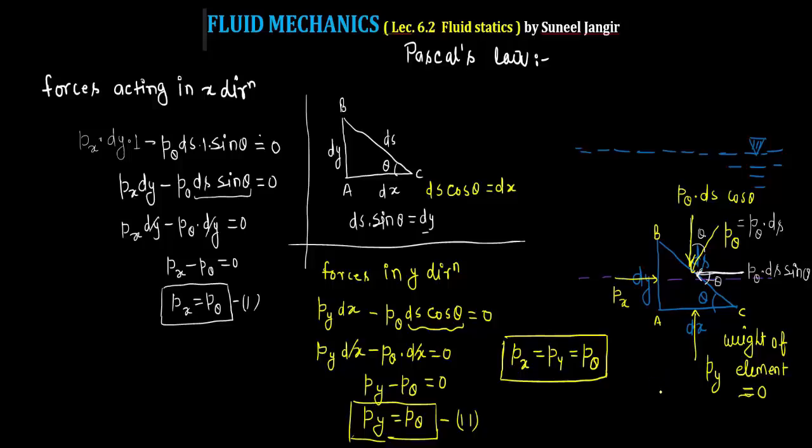So if I am considering a point in the static fluid here, I don't know the magnitude of the pressure intensity at this point, but whatever the magnitude, the intensity of pressure will remain the same in all directions. This means the magnitude of the pressure intensity is not going to change in a static fluid.